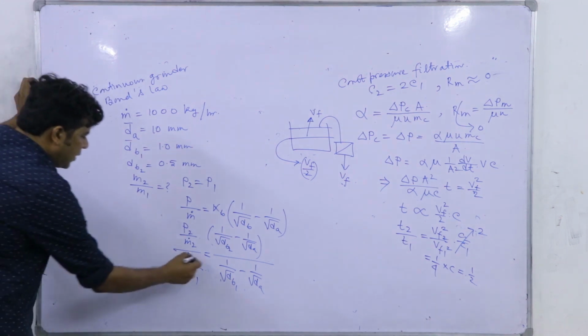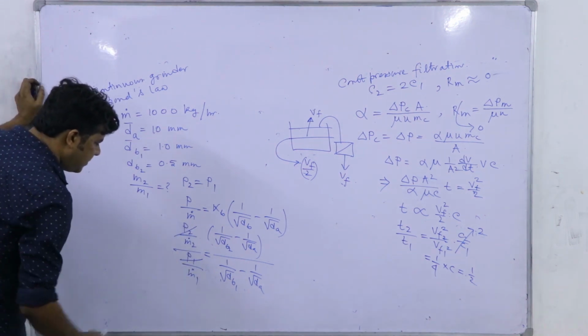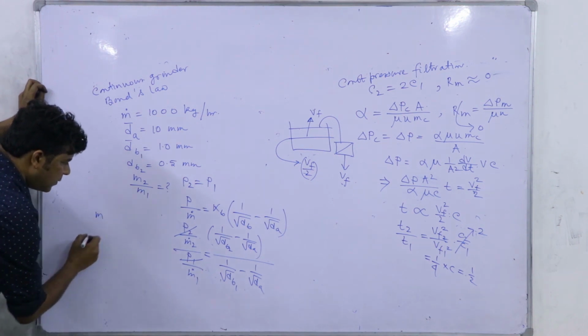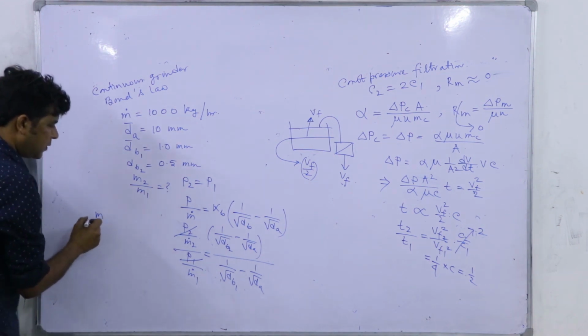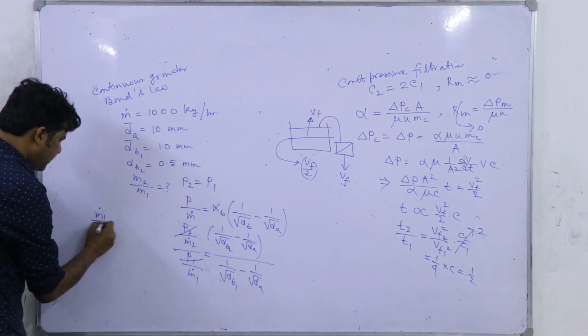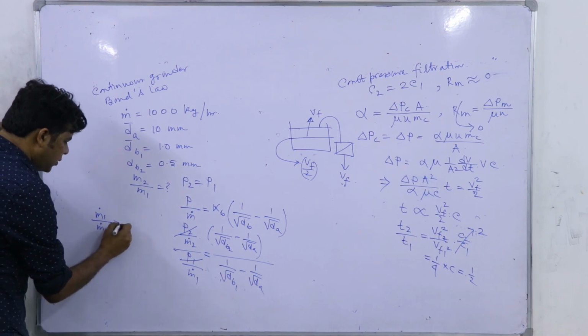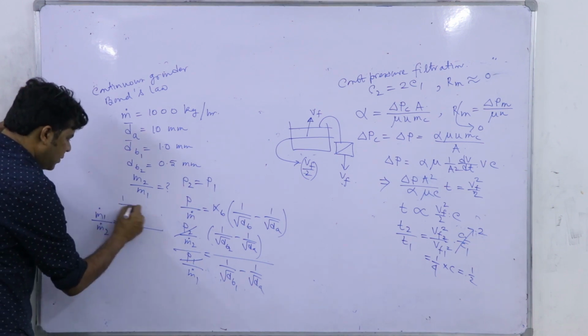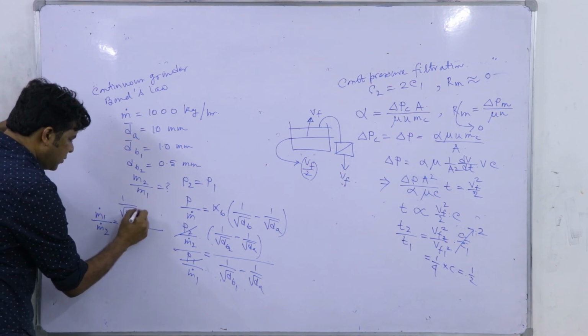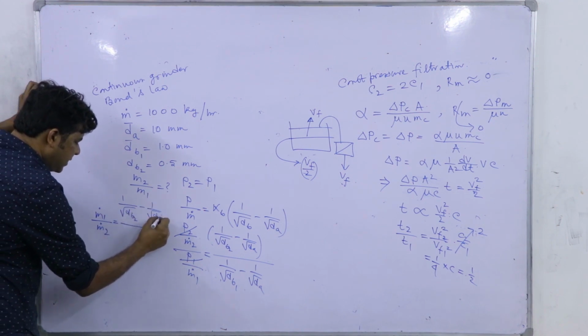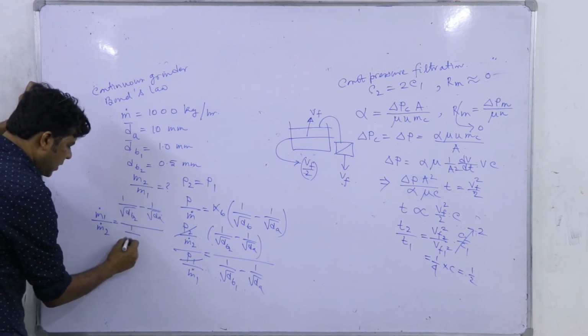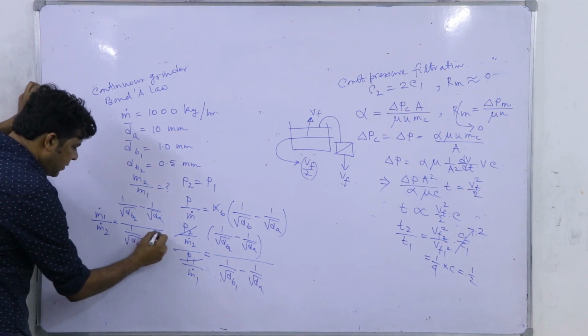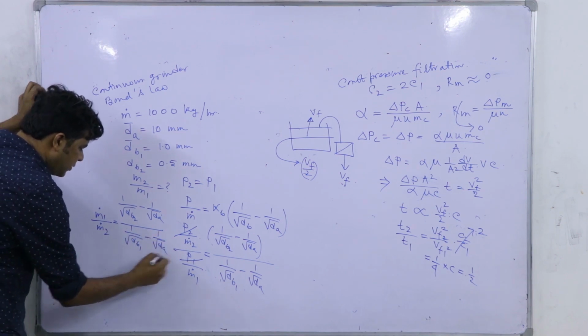Now P1 and P2 are the same, so this gives you m dot 1 by m dot 2 as 1 divided by under root of dB2 minus 1 divided by under root of dA, over 1 divided by under root of dB1 minus 1 divided by under root of dA.